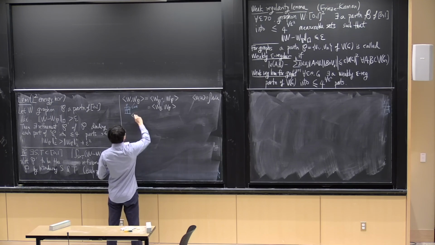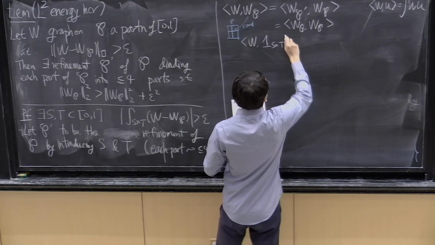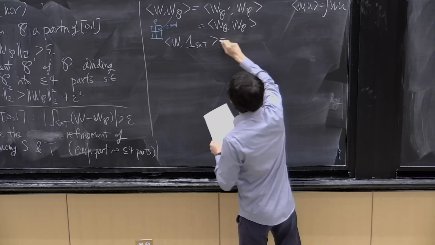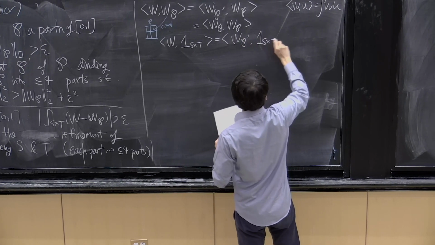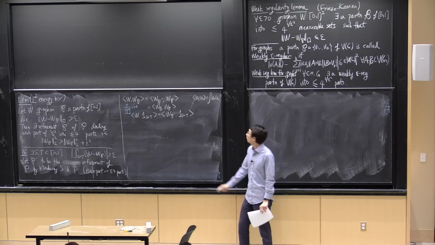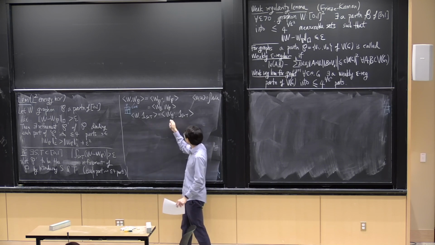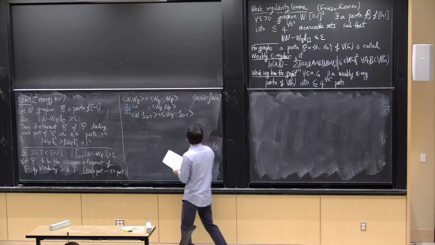You also have that W has inner product with 1 sub S cross T the same as that of W_P prime, by the same reason, because S cross T is a union of parts of P prime.